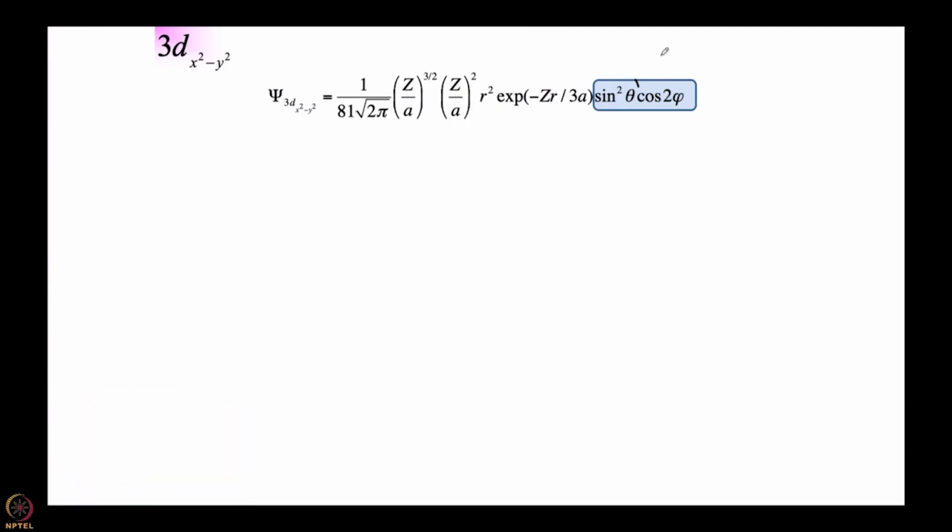Cos 2 phi is essentially cos square phi minus sin square phi, right. Now, this is multiplied by sin square theta. So I can write it like this, sin square theta here and here as well.